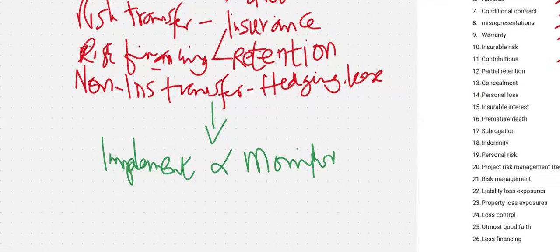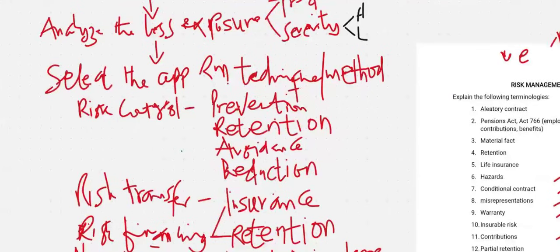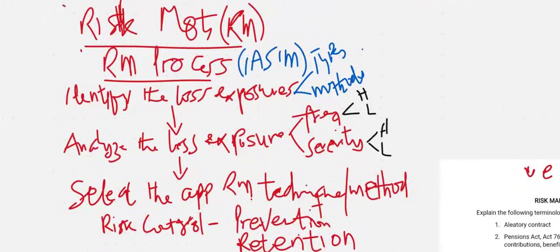So just go through it and tell me if you have any questions. This is the risk management process. Start from the top here. Any questions? No question, please. Tamara, yeah, what's the question?